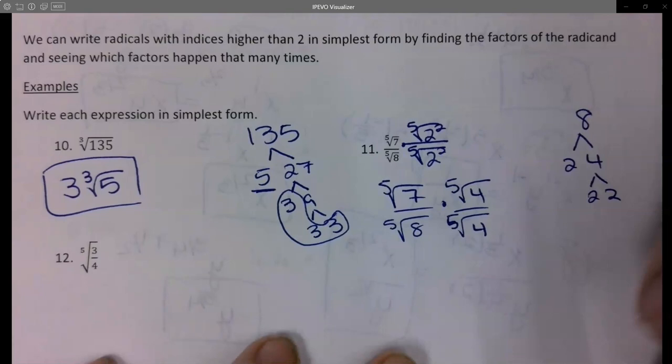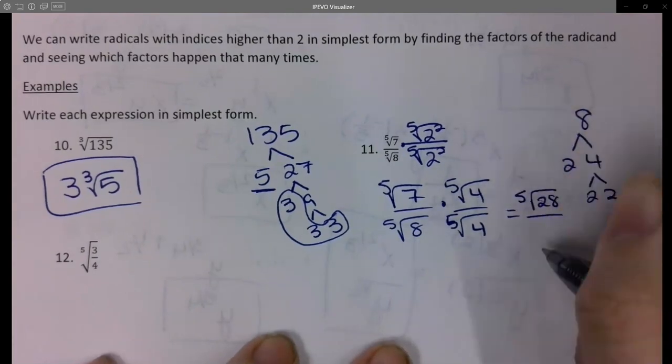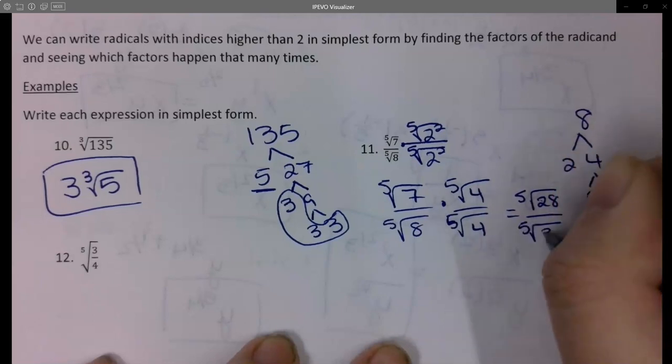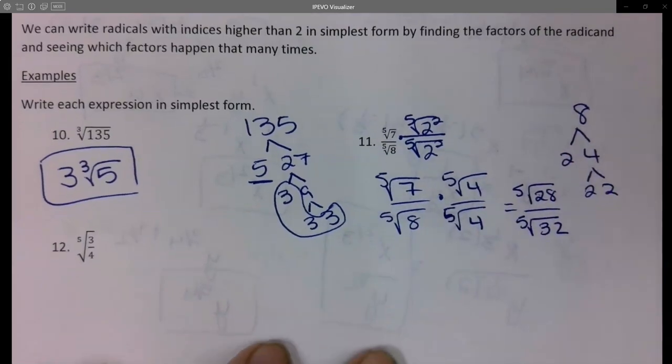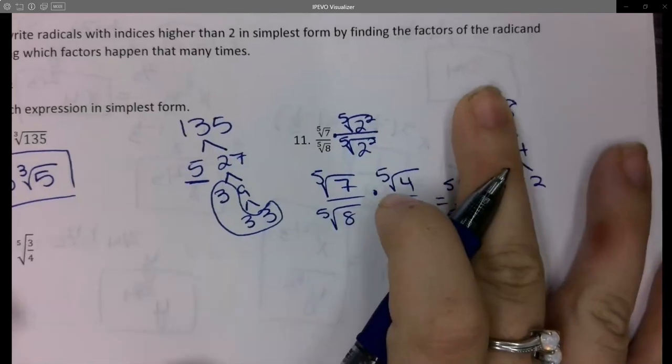Okay. 7 times 4 is 28. 8 times 4 is 32. Then I can go ahead and factor tree 32.